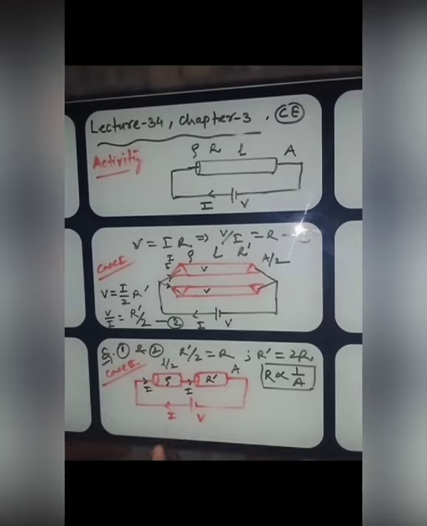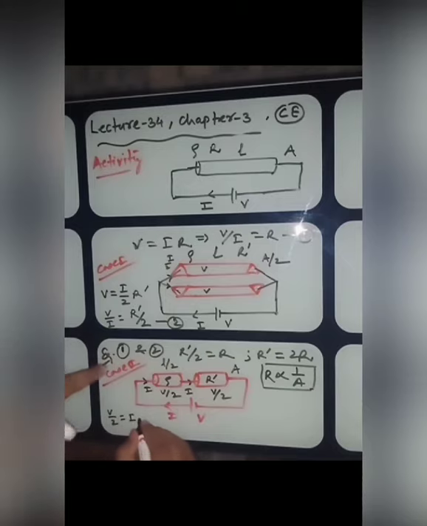Now could you apply Ohm's law again for any one of the conductors? Now what about the voltage? Actually this voltage is divided equally in both sections, V by 2 and V by 2. For any one, if you apply Ohm's law, V by 2 is equal to I R dash.